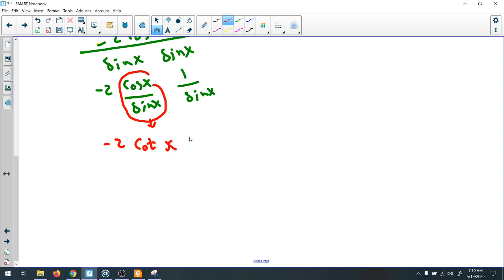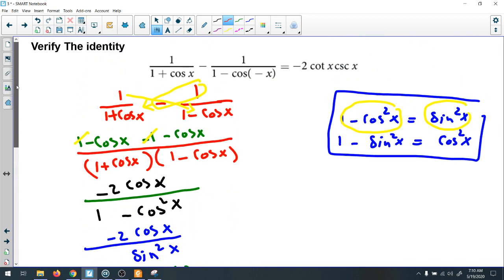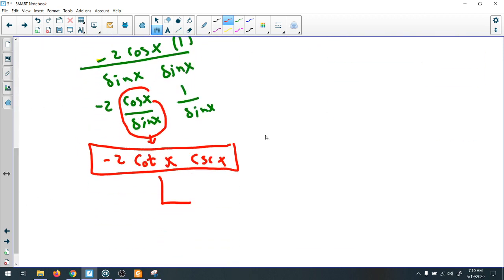And 1 over sine, the reciprocal, will be cosecant. This is our left side. And this is our right side. Both are the same, so you could say the left side equals the right side. You proved it.